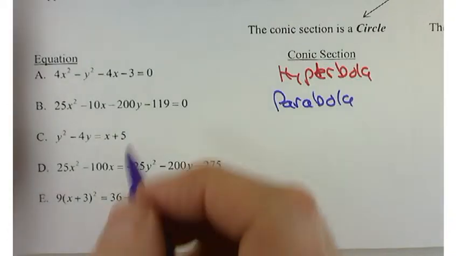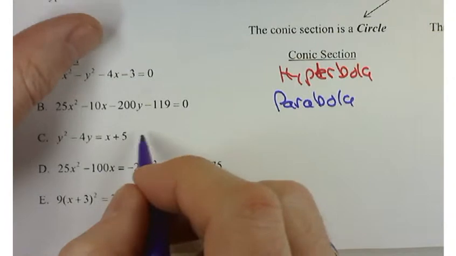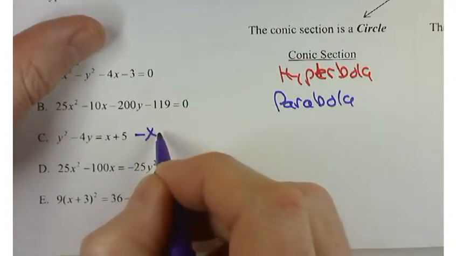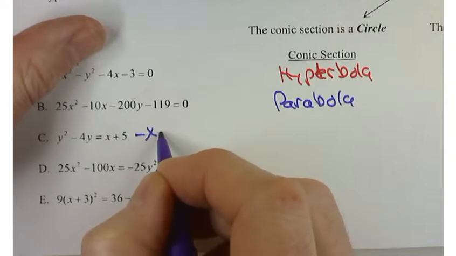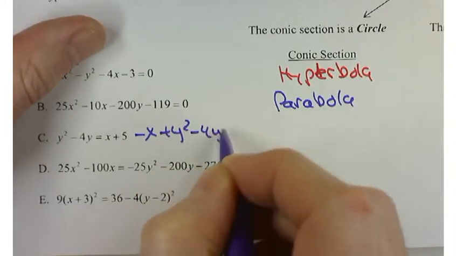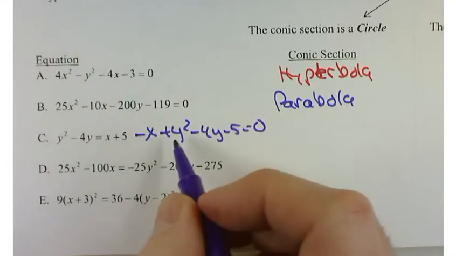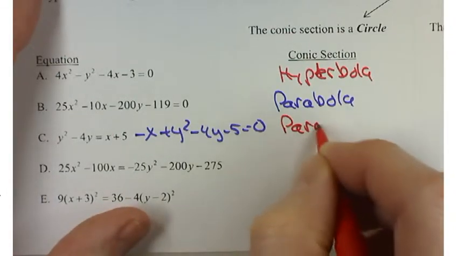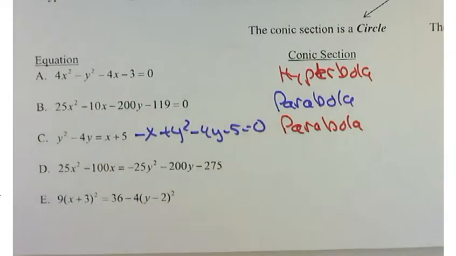Now, technically, maybe you need to move everything to one side and write it as something like negative x plus y squared minus 4y minus 5 equals 0. But you can see that there's only one squared term. So the bottom line in that one is that it's a parabola. So, hey, cool. That was easy.